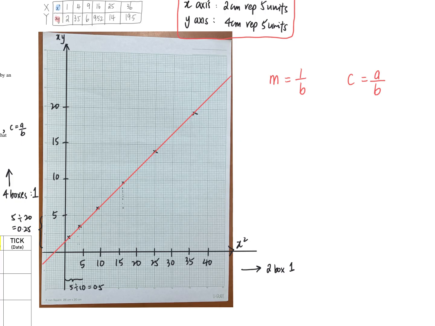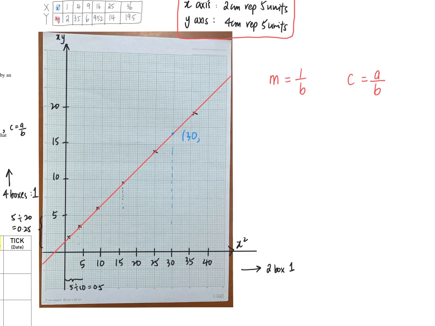Okay, so for the gradient, go to your graph and pick any 2 points that are easy to read. So let me find one that is easy to read. Probably, is there one that intersects nicely somewhere? Here, this one. Okay, so this one is at 30.